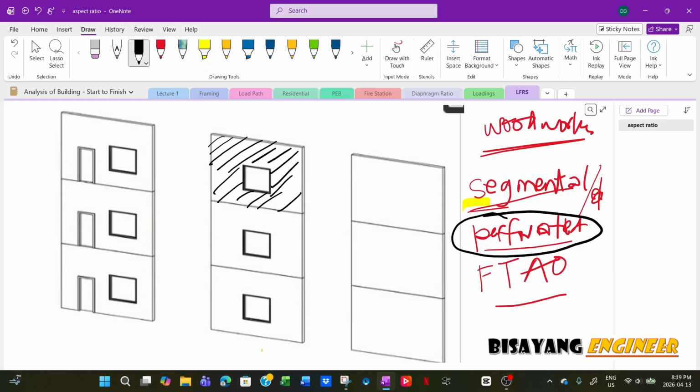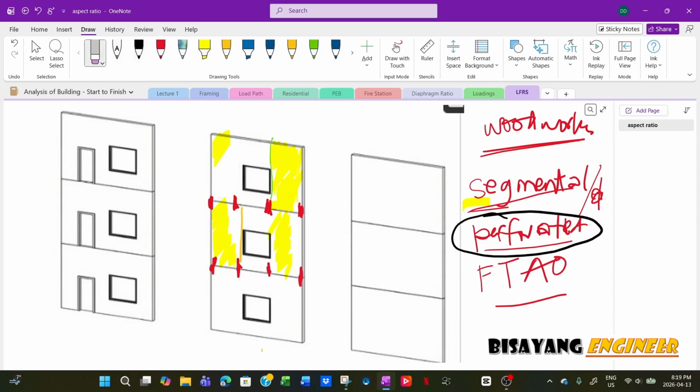In the segmented shear wall analysis, like the one we discussed earlier, this is one segment and this is one segment, which means you need a hold down at each end post. The same right here. If there is another one here, then you will have hold downs like that.